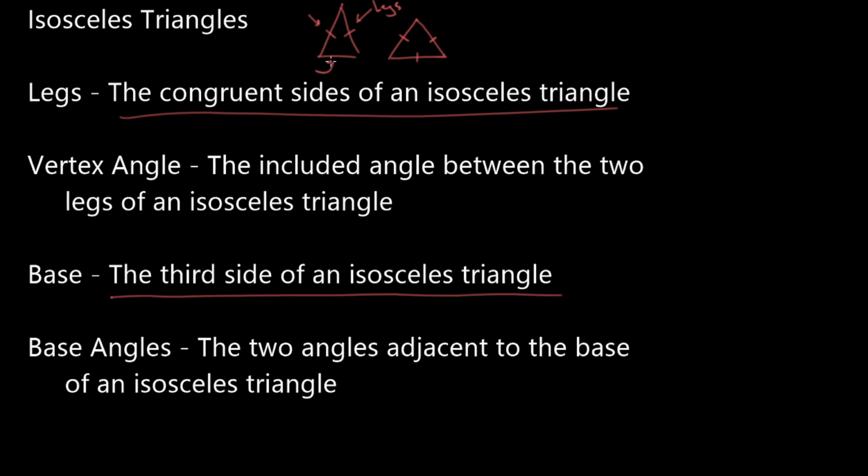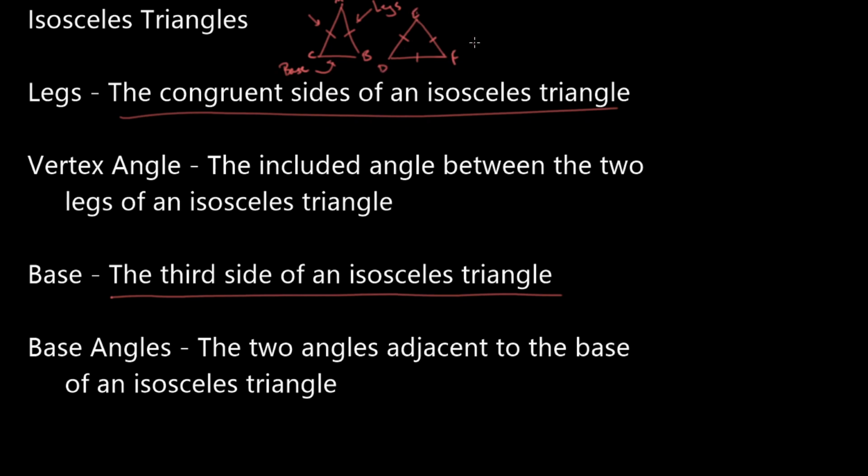This is called the base. The reason this is interesting for an equilateral triangle is, which ones are the legs and which ones are the base? We'll refer to all the different sides as either legs or bases, depending on what we're trying to work with.